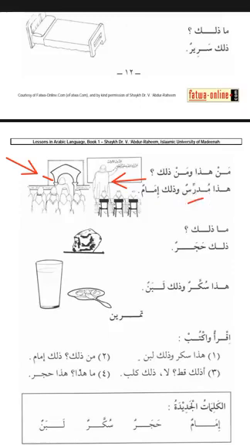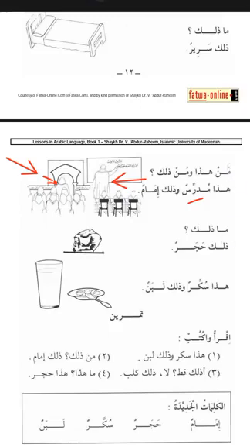This one, which the arrow is beside it, is a teacher. وذلك, and that, وذلك إمام, and that is an imam.